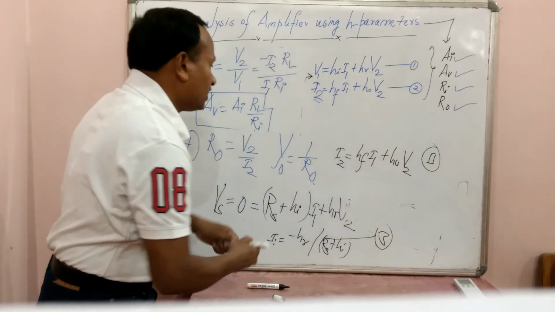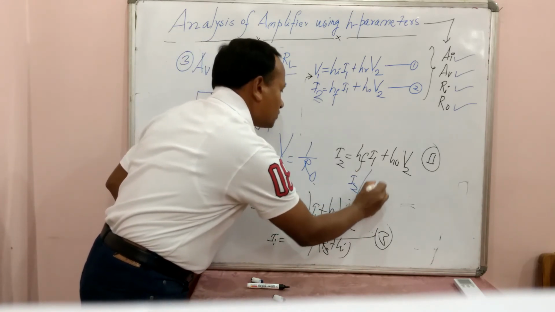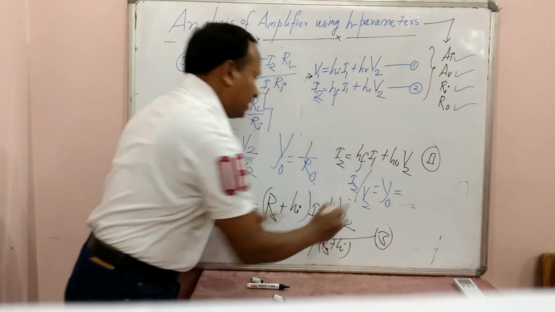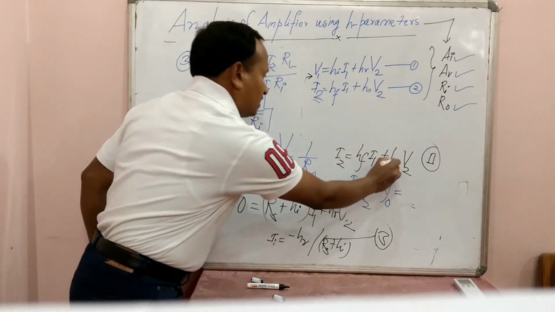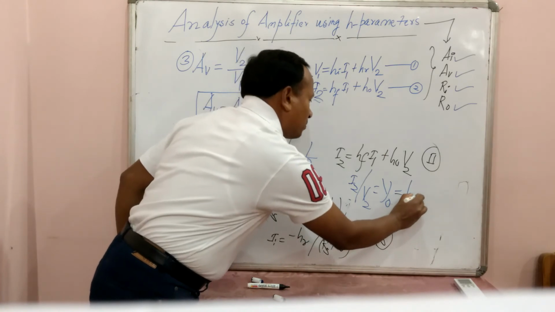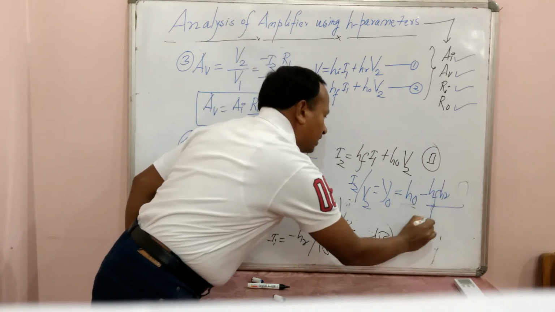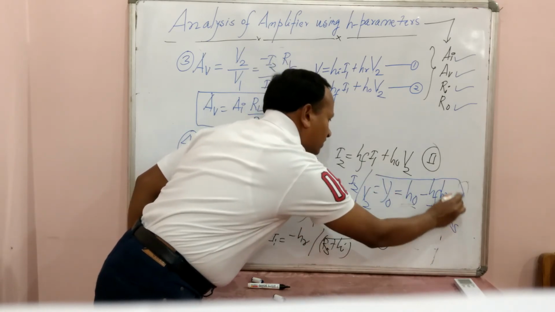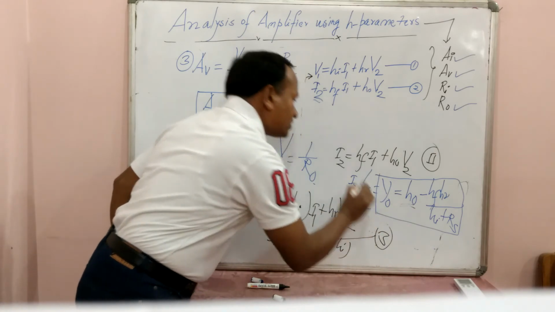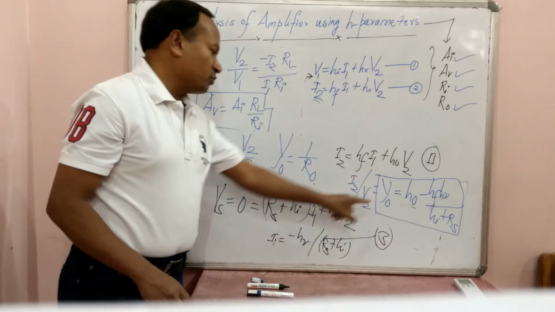I2 upon V2, this is YO. I1 you are substituting and this becomes HO minus HF HR divided by HI plus RS. This is the expression for your output admittance.